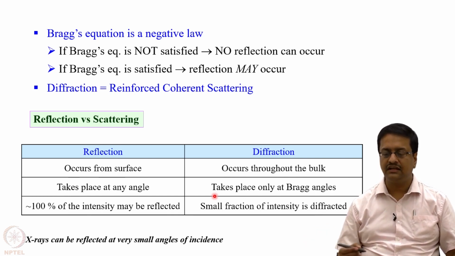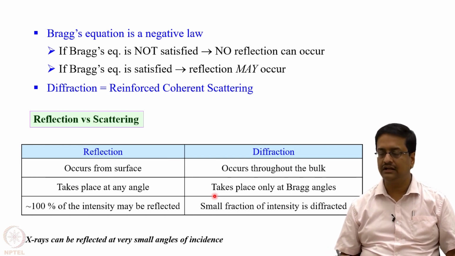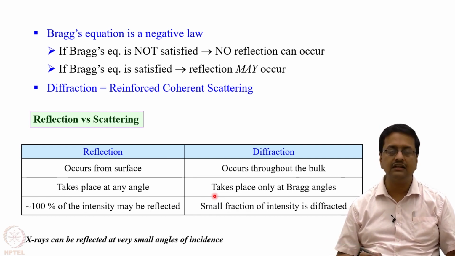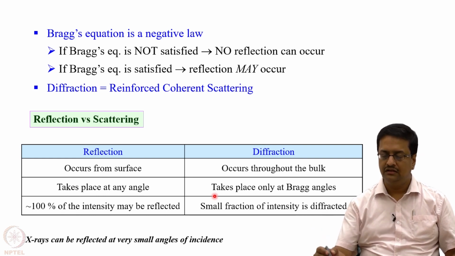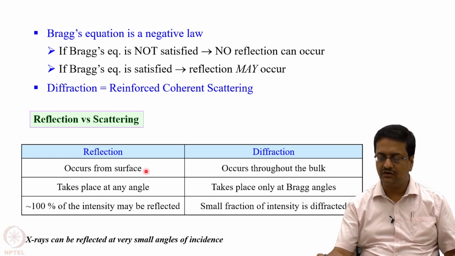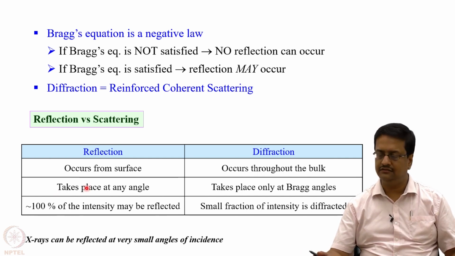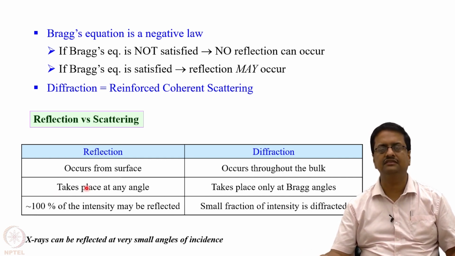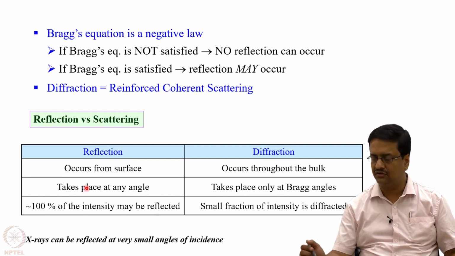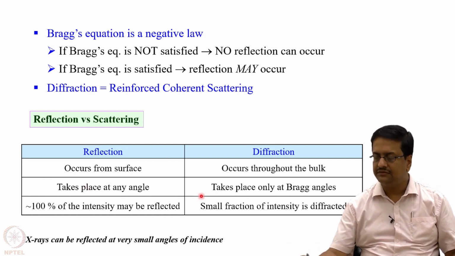So diffraction is a reinforced coherent scattering, and it is different from reflection. As you know, reflection occurs from the surface, whereas diffraction occurs throughout the bulk. Reflection occurs at any angle. When you shine light on a surface at any angle, reflection occurs. Diffraction takes place only at Bragg angles.